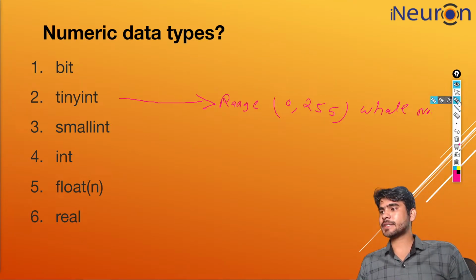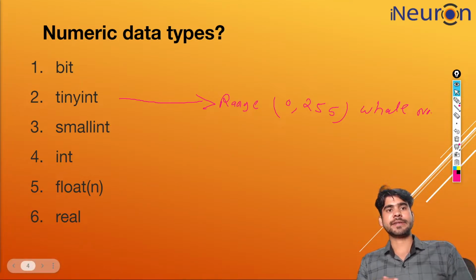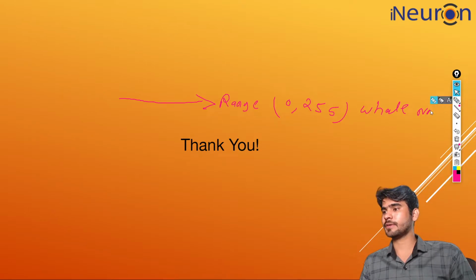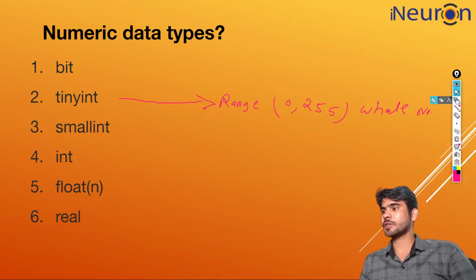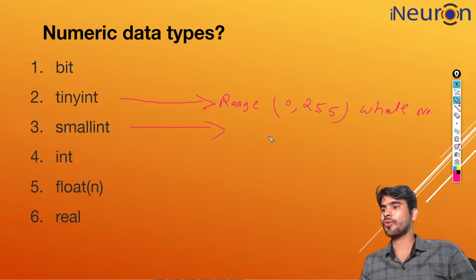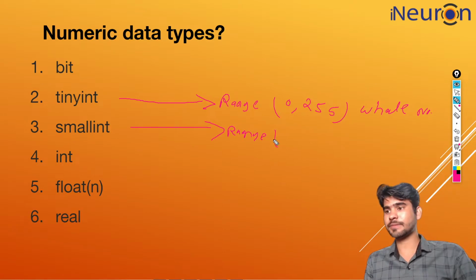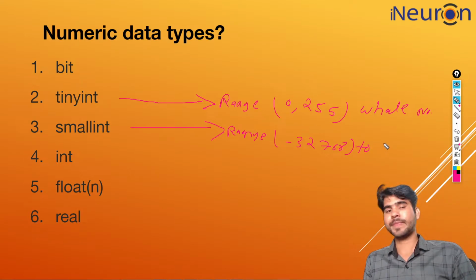Okay. Next we have smallint. A smallint also defines whole numbers, but the range is different here. The range is minus 32768 to 32767.